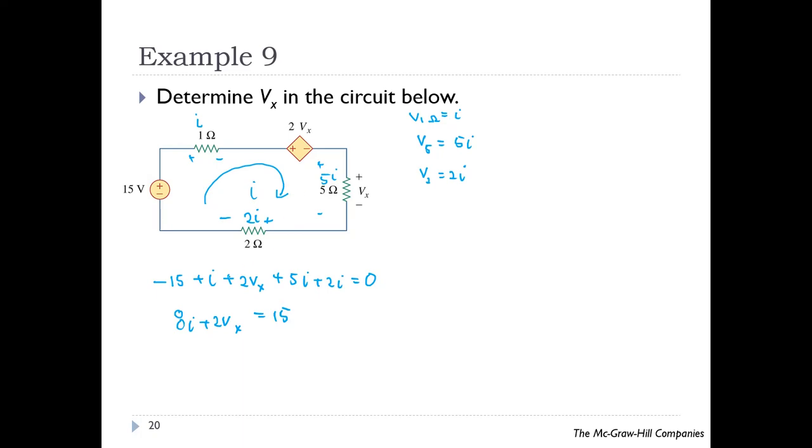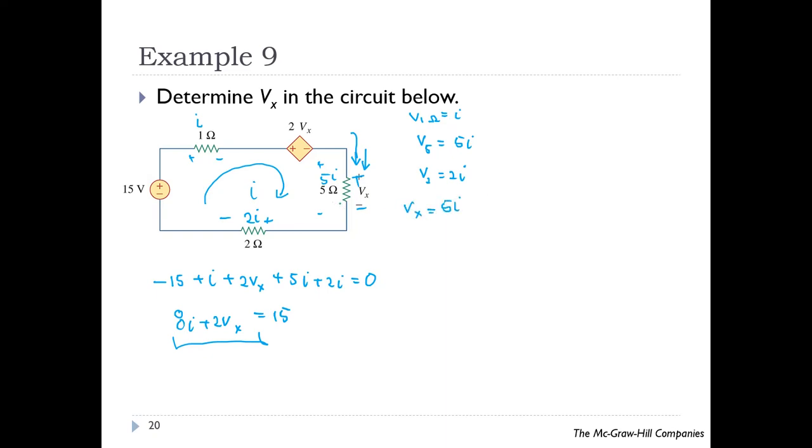Okay, next we need, because we have two unknowns here and one equation, where can we get another equation? From here you have Vx. Based on the polarity of Vx, it looks that current is coming from this direction. So positive, negative, meaning that Vx is equals to 5I.